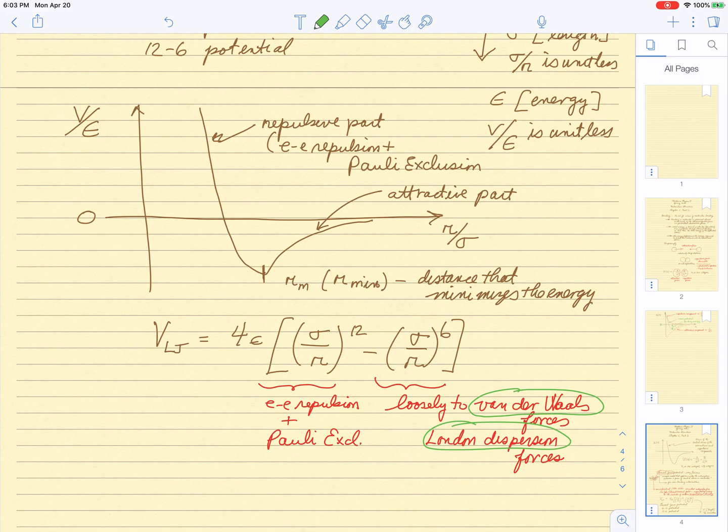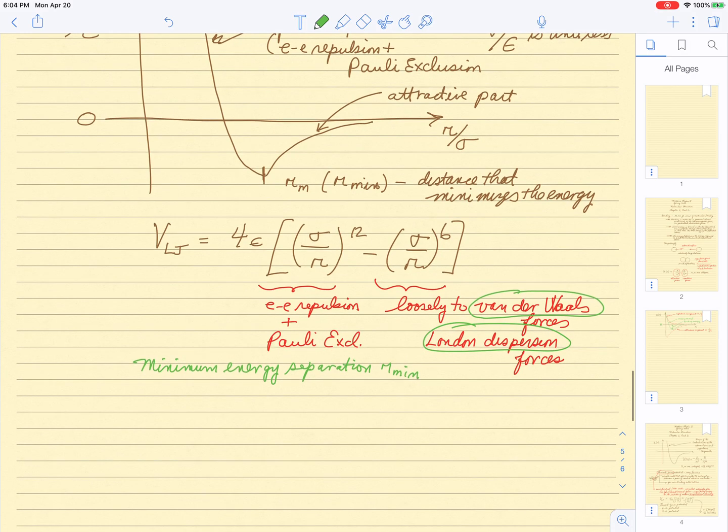So one can find the minimum energy separation. Separation leads to a minimum energy. That's easy to do.